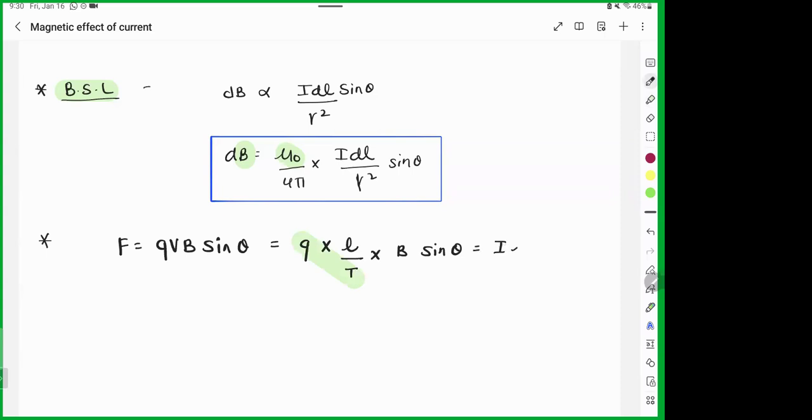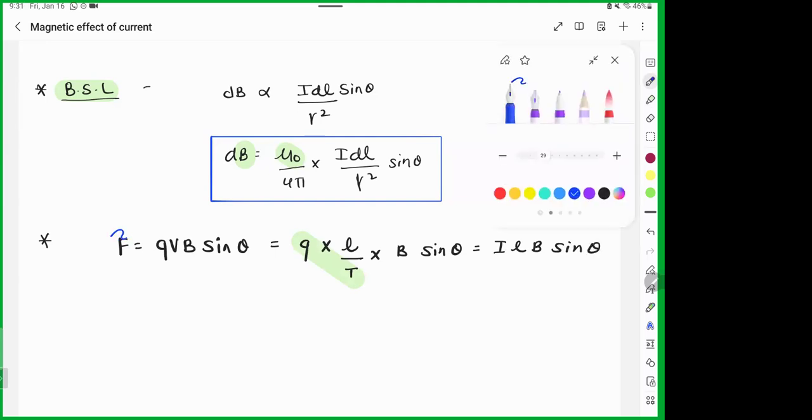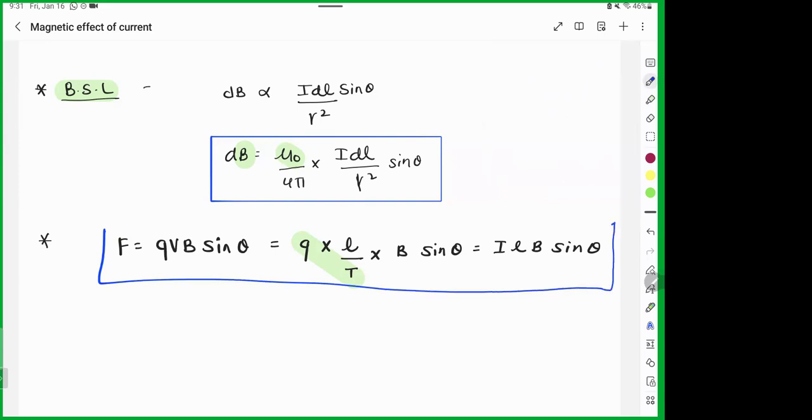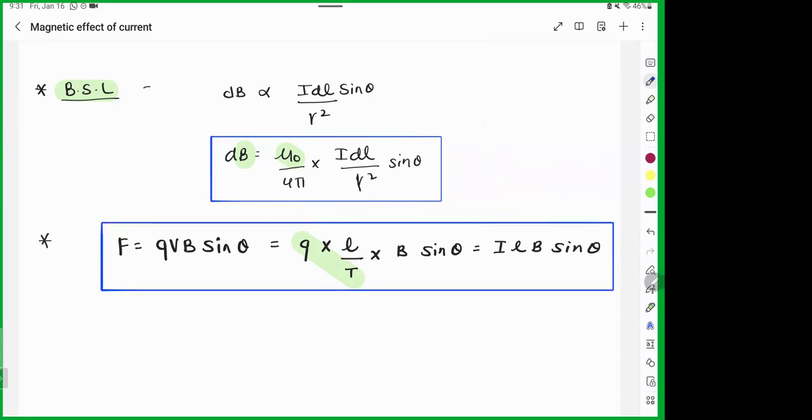Current, length, B sin theta. So note it down. Any doubt, guys?